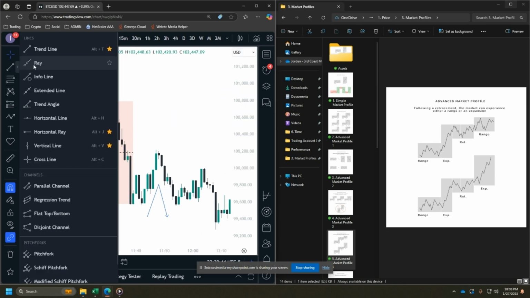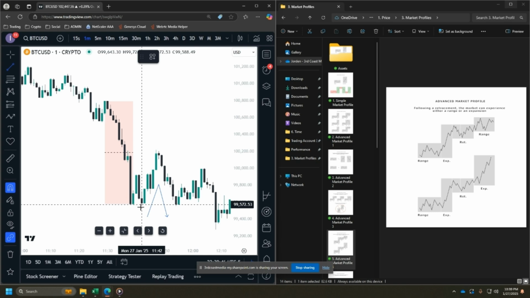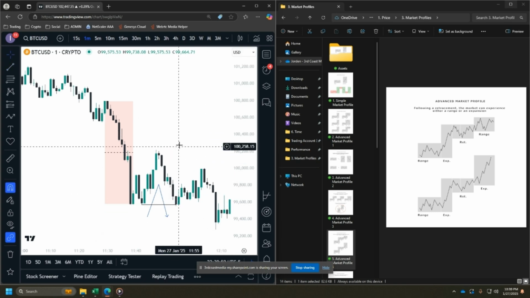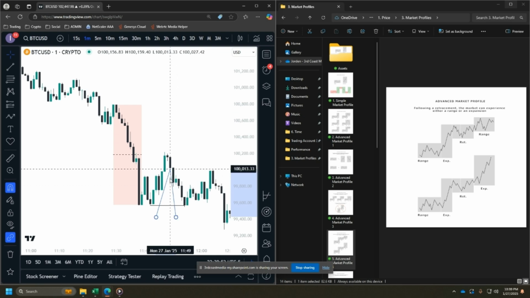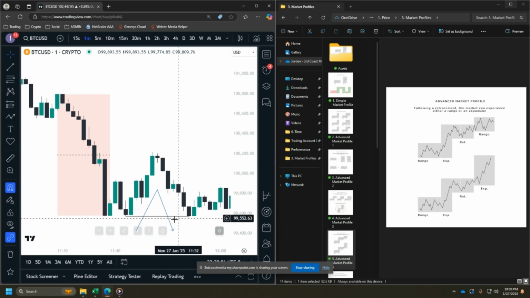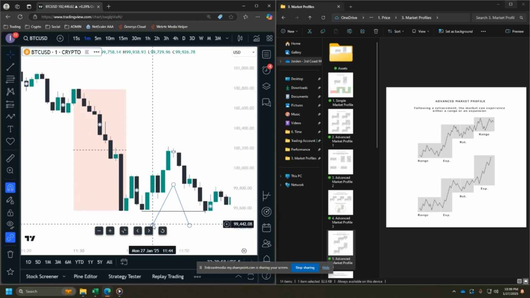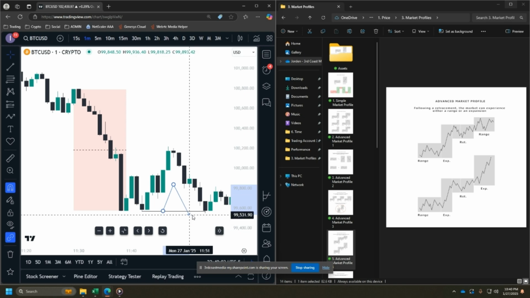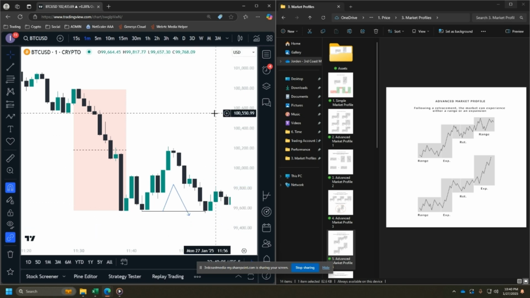So the important thing to remember is that price, if we zoom in, we can see, the important thing is that we know price goes from here to here. That's a retracement.